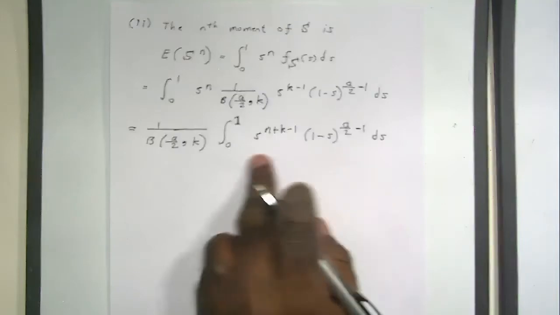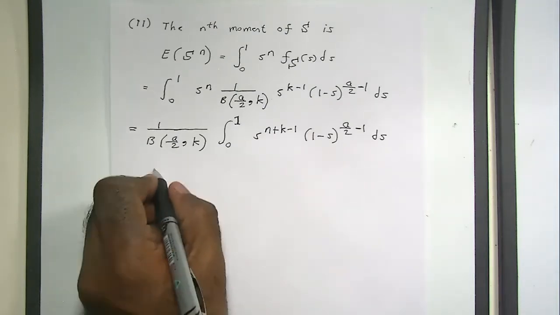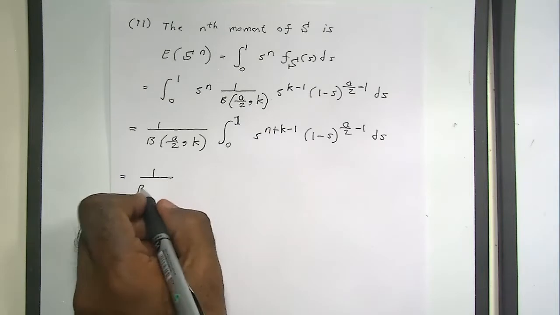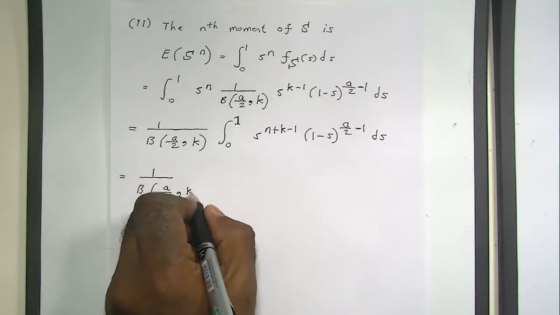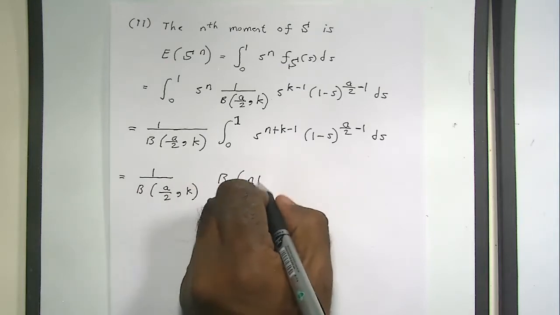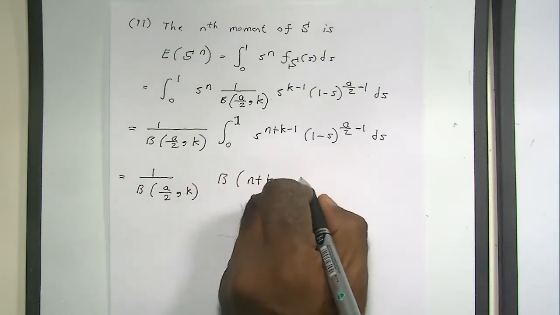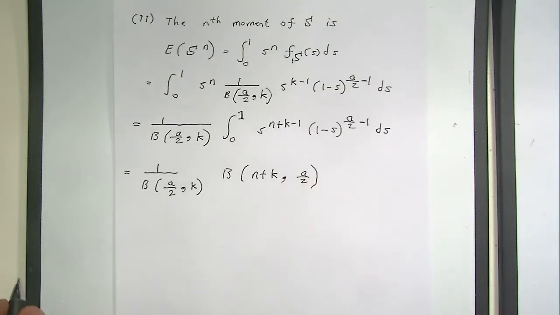What you have here is once again a beta function, a beta function at n plus k comma a over 2. That's the nth moment. So that completes part 2.